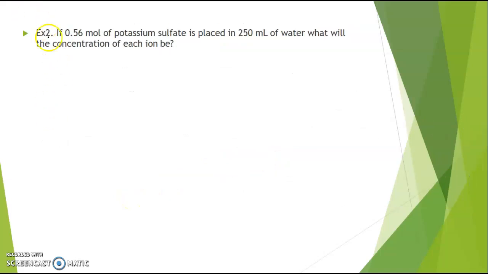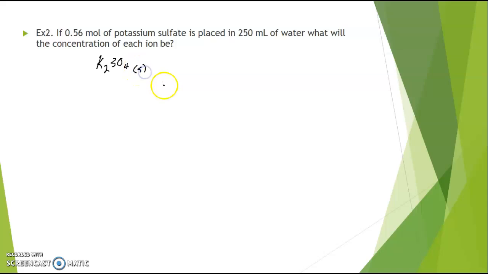All right, next one. So if 0.56 moles of potassium sulfate is placed in 250 milliliters of water, what will be the concentration of each ion? Well, we're asking for the concentration of each ion, so we start with our compound. We've got potassium sulfate. Potassium's got a 1 plus charge, sulfate's got a 2 negative, so there's 2.